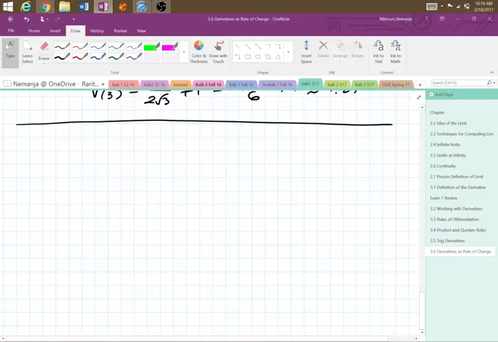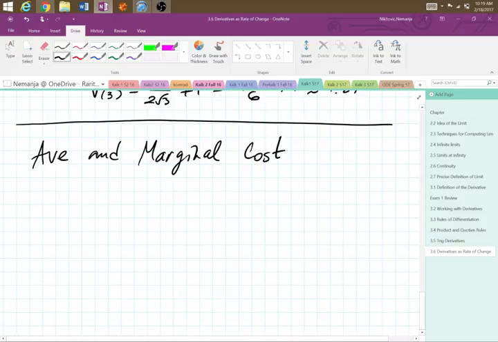All right. So average and marginal cost. We are going to have the fixed cost. Fixed cost is going to be setting up the production. Fixed cost is also materials used, right?